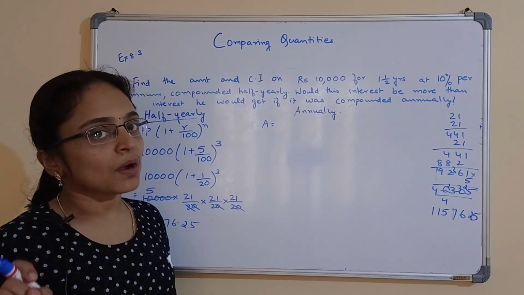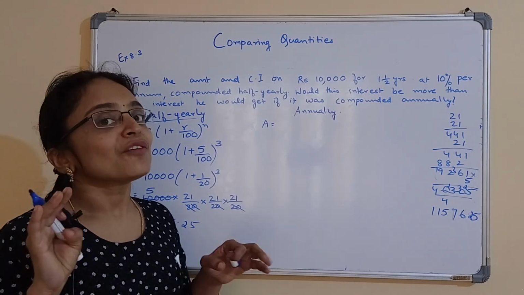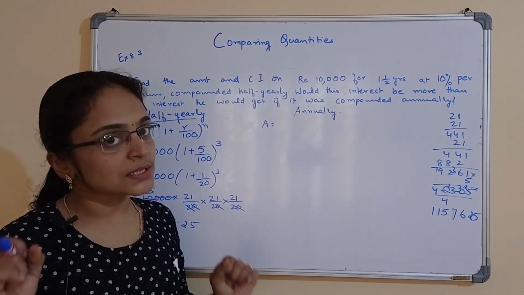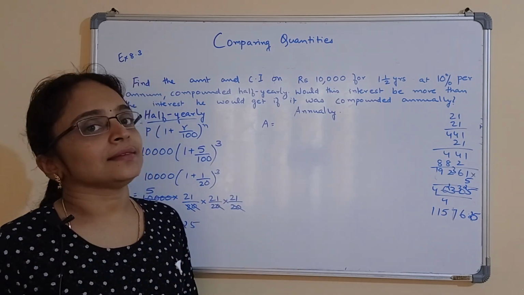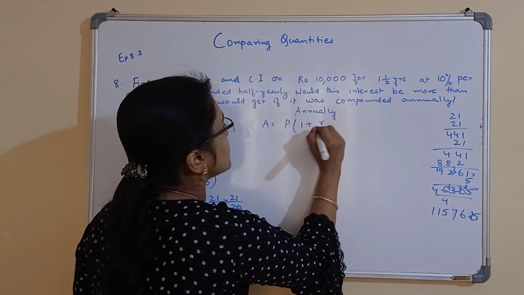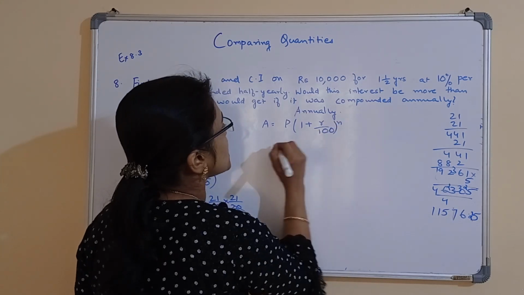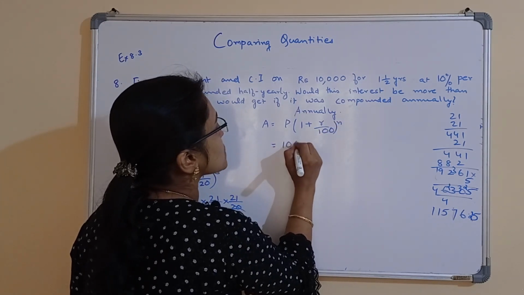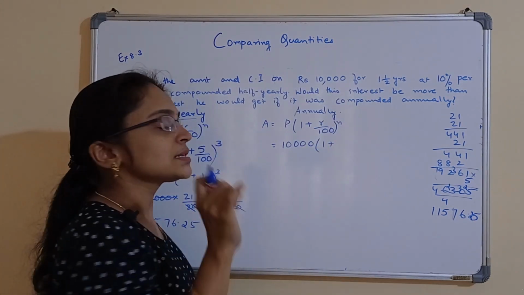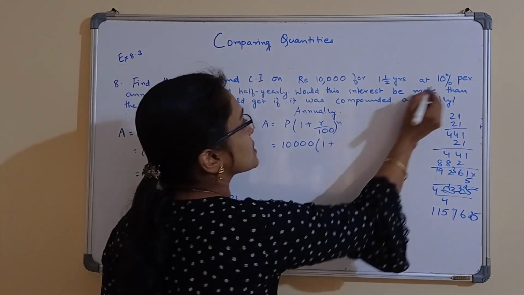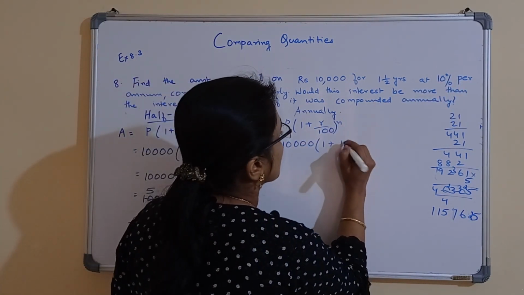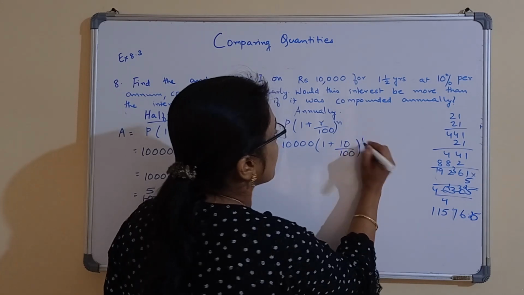Now if it is compounded annually, what will be the amount after 1.5 years? For that, first we will find the amount after 1 year, then find the simple interest for the half year, and then add this. So A equal to P into 1 plus R by 100 the whole raised to N, which means 10,000 into 1 plus R, which is same because this is compounded annually at 10% per annum, 10 by 100 the whole raised to 1.